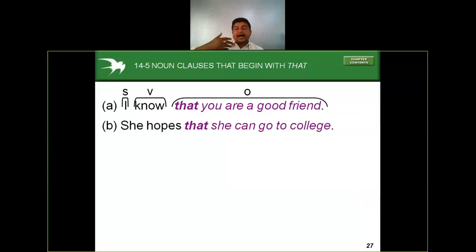She runs fast. He washes his clothes. He brings me. When the subject is in third person singular, the main verb ends with s or es. This is basic grammar. But remember here, she hopes that she can go to college.